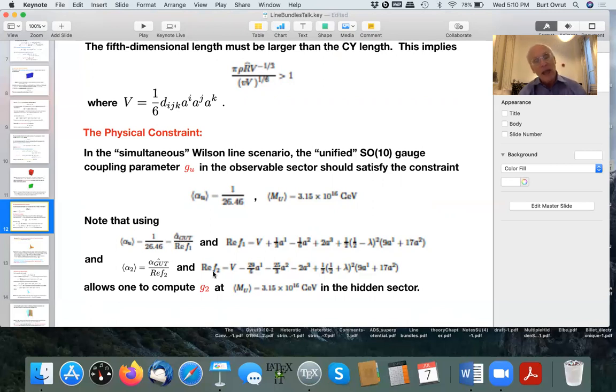Given that, and what the Re f_2 function is, which is given by this expression, we can compute the unified value of g2 squared over 4 pi, and that is something else we're going to use later. So we can always compute g2 at the unification scale in the hidden sector, and the alpha 2 that goes with it.